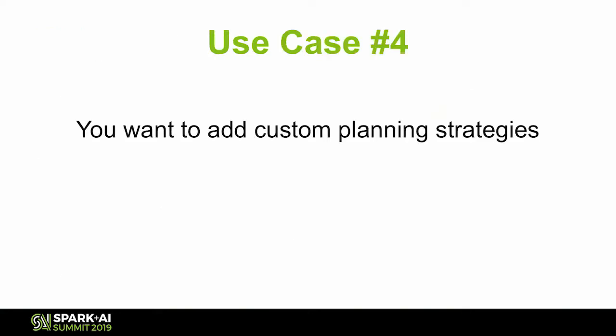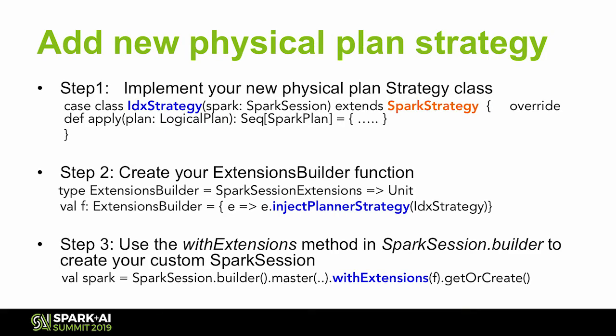Next, let's look at adding custom planning strategies. In this case, it was for adding indexes, and so we have a new index strategy that we wanted to add. You first implement your new physical plan strategy class. This is a little different from the previous ones that we saw because it will take a logical plan and return a physical plan.